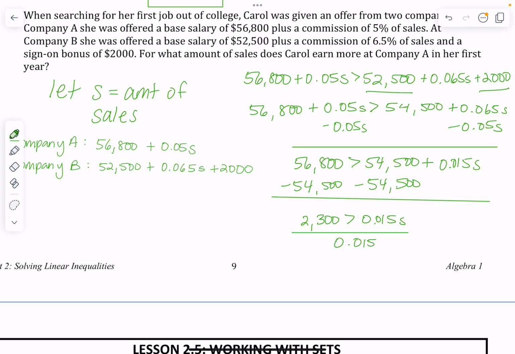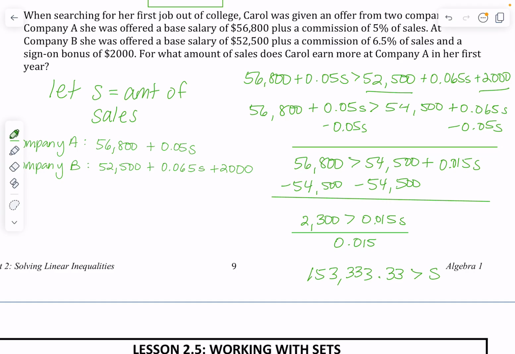And now we get lots of 3s. Okay. Or S is less than $153,333.33. So we need to interpret that.